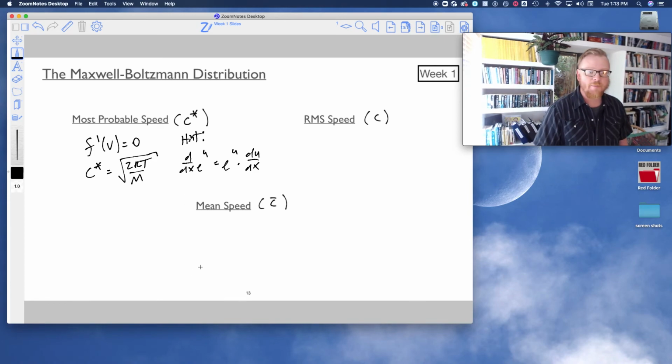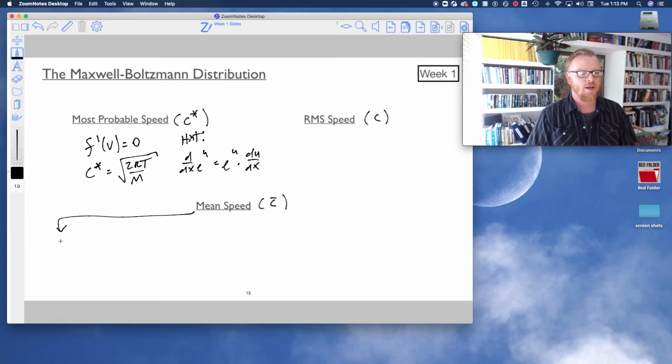So the mean speed, I'm going to write out over here. I'll also give that another symbol, bracket v bracket. That's another way of writing the mean. And we can always find an arithmetic mean through integration by saying the integral from 0 to infinity of v times f of v times dv.